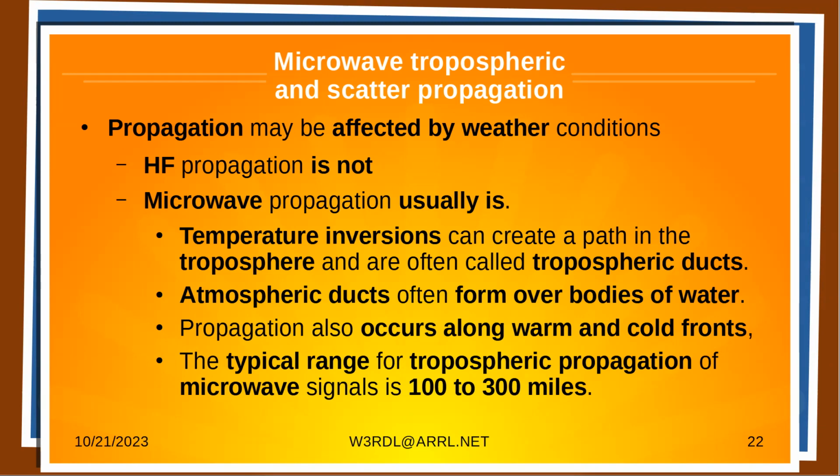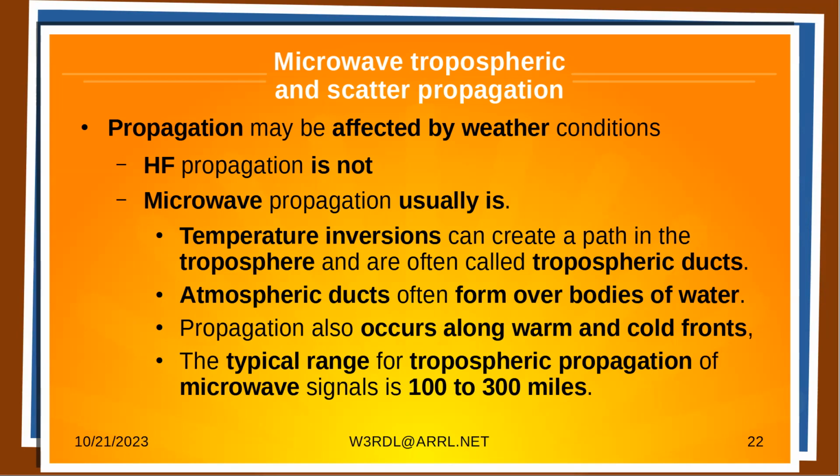One of the things that can affect the propagation is a temperature inversion. So you can actually have a tropospheric duct. Which way does it go, cold on top or hot on top? Makes no difference. It's just inverted from normal.